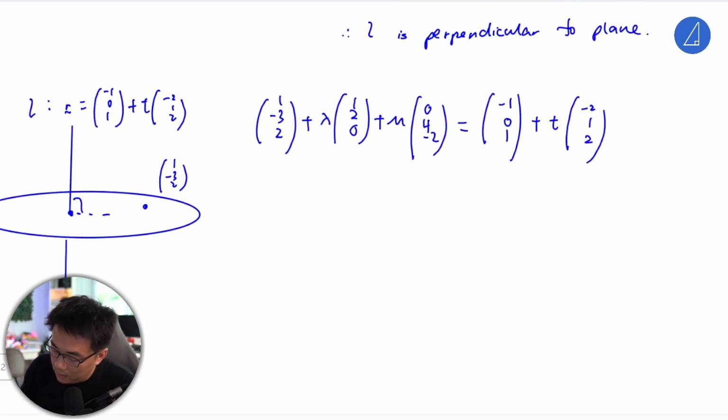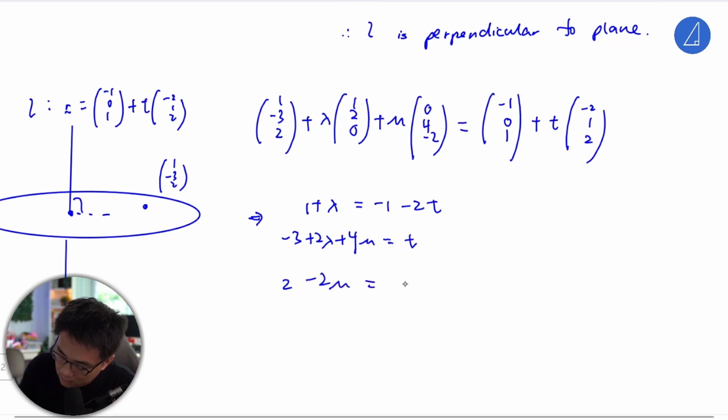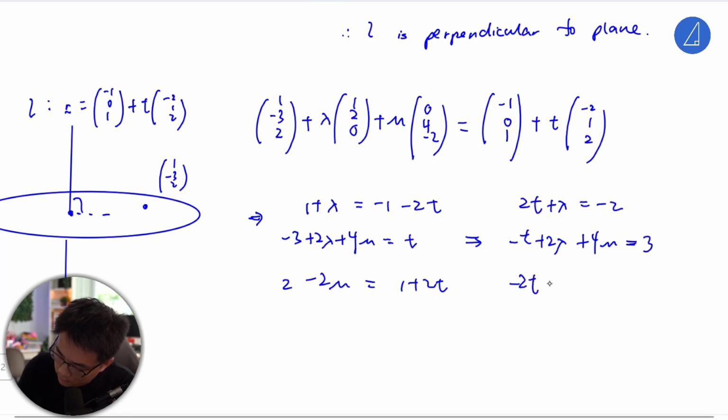So we know 1 plus lambda equals -1 minus 2t, -3 plus 2 lambda plus 4 mu equals t, and 2 plus 0 mu equals 1 plus 2t.